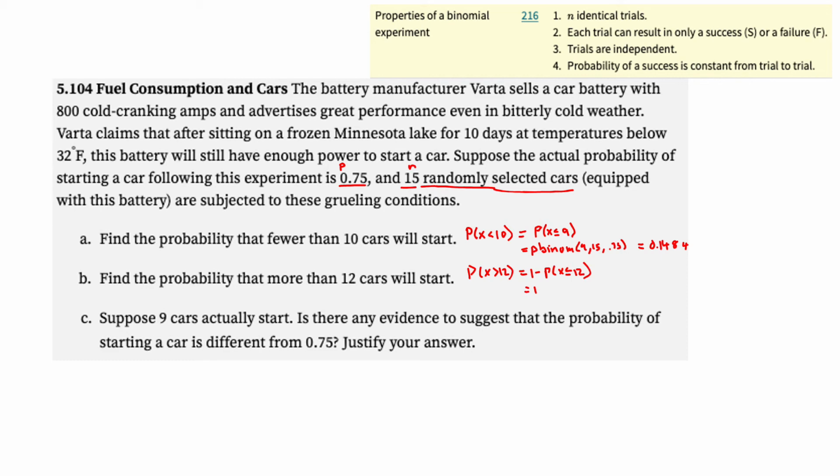Remember, we're phrasing it in this less than or equal to format because that's how it's easiest to go into our p-binom command without making any mistakes. 12, 15, and 0.75. And that is equal to 0.2361. Okay.